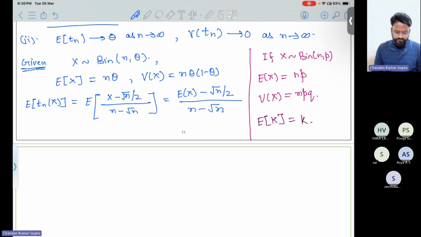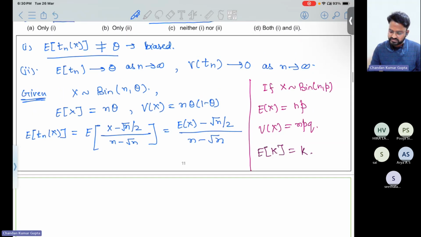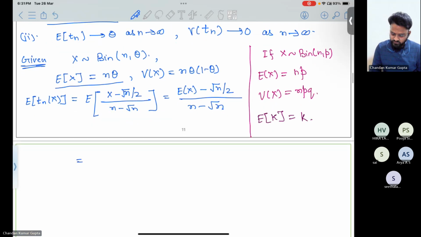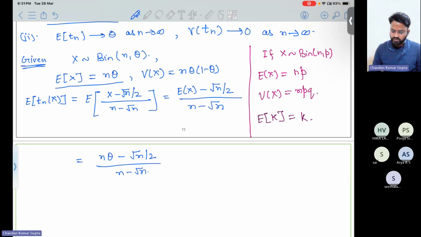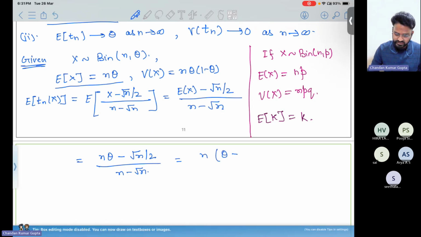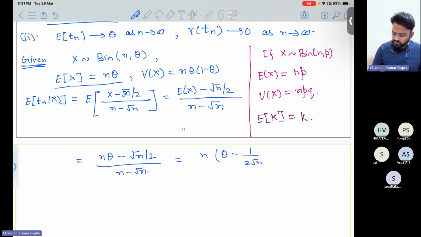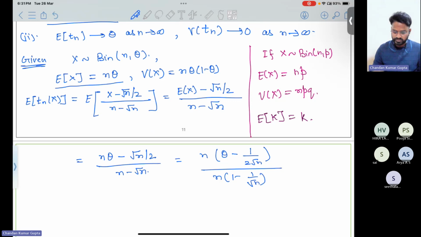Now, the expected value of X is n theta. So from here, (n theta minus root n upon 2) divided by (n minus root n). Now if we take n common, we get n times (theta minus 1 upon 2 root n), and in the denominator, n times (1 minus 1 by root n).